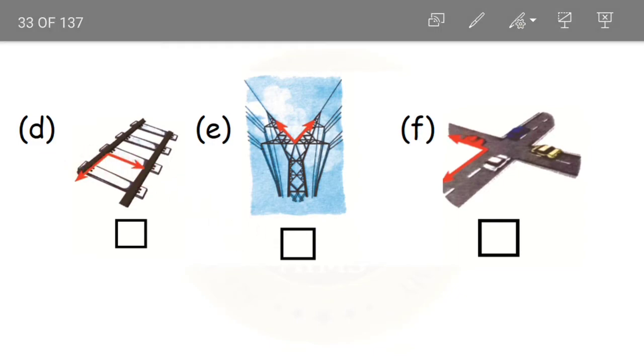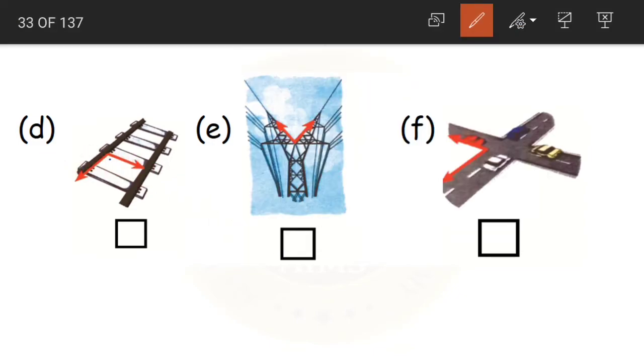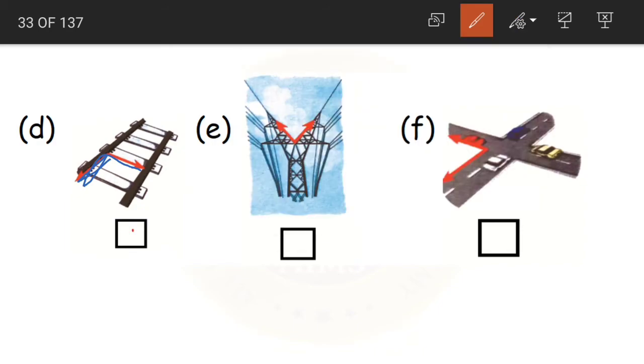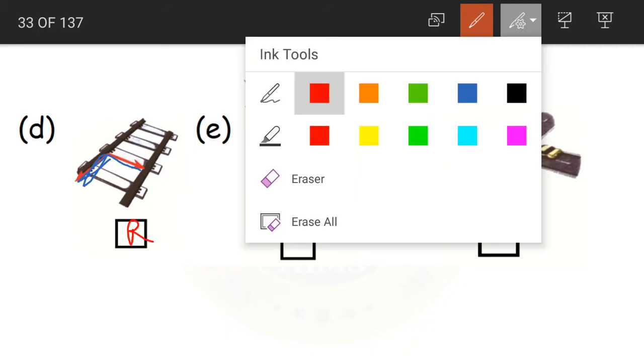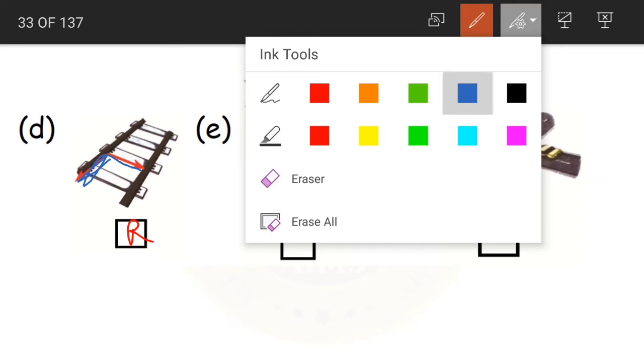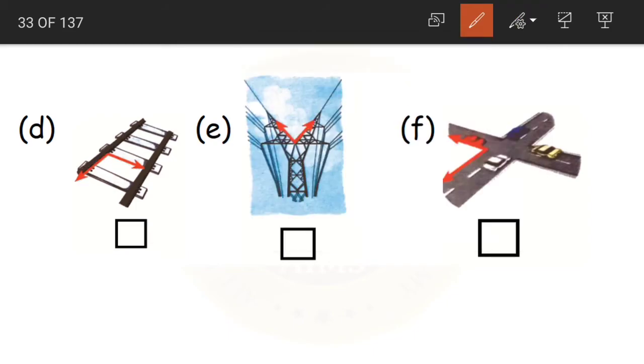Next D, the angle here formed is in the shape of an L. So what are these angles, children, formed in L shape? Right angle. Yes, so R will be our answer. Coming to E, again E is a smaller angle than our right angle. If you place the right angle tester, it would be something like this.